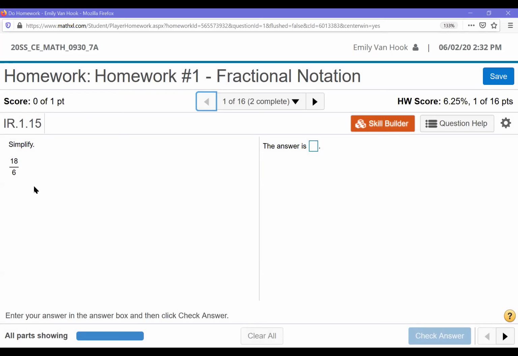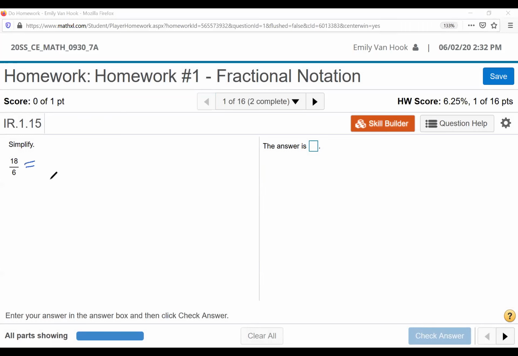So there's a couple ways we can do this. We can use those factor trees that we had done before. So 2 times 9 and then 3 times 3. Those are my prime factors, right? So 2 times 3 times 3. And then 6 is just 2 times 3.